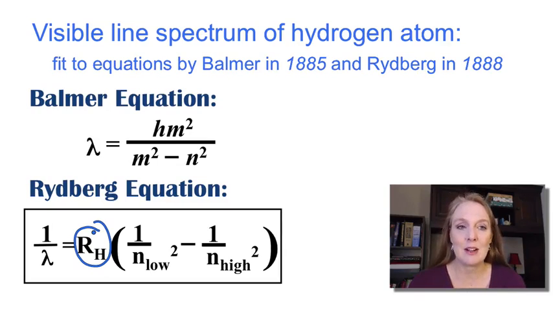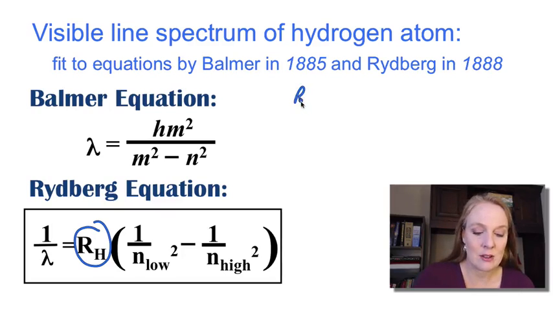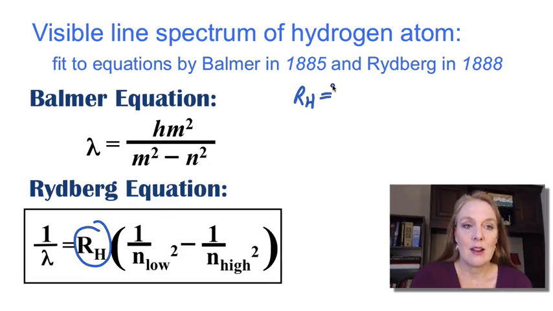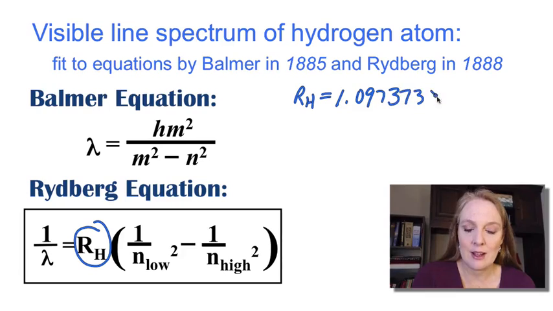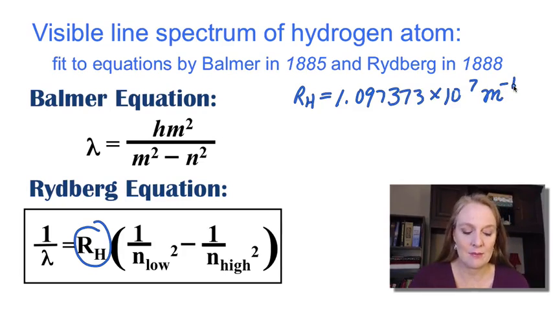In this particular equation, the Rydberg constant, R_H, is expressed as 1.097373 times 10 to the 7 reciprocal meters.